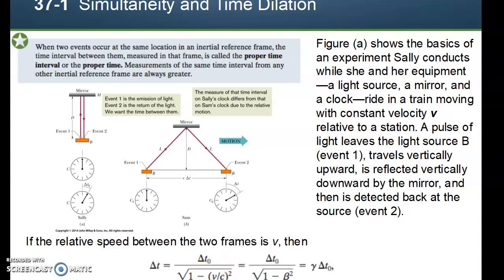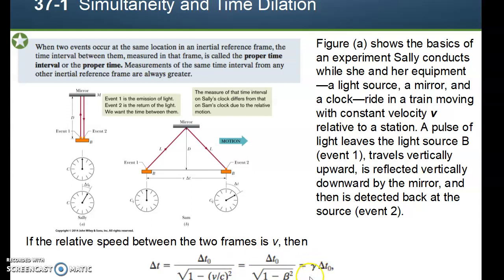This v over c ratio is going to be known as beta. Okay, and gamma is the Lorentz factor: 1 over the square root of 1 minus beta squared.